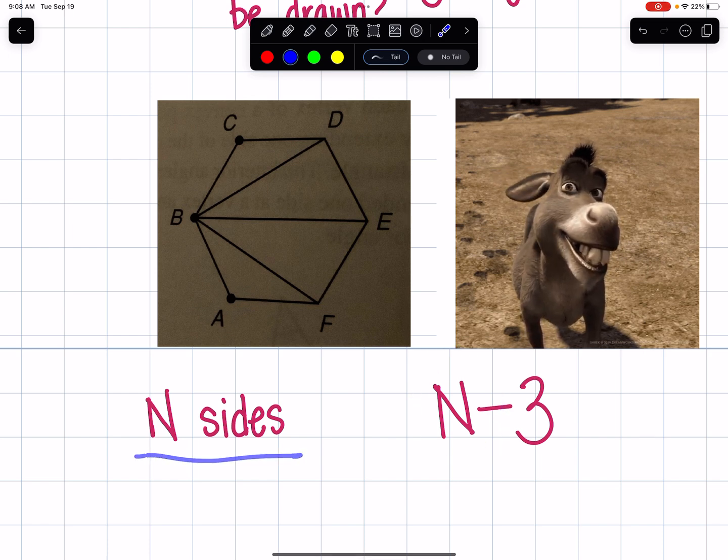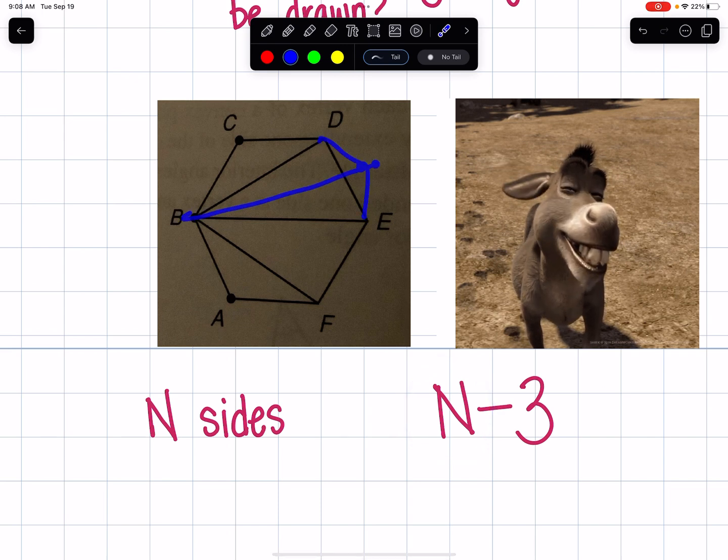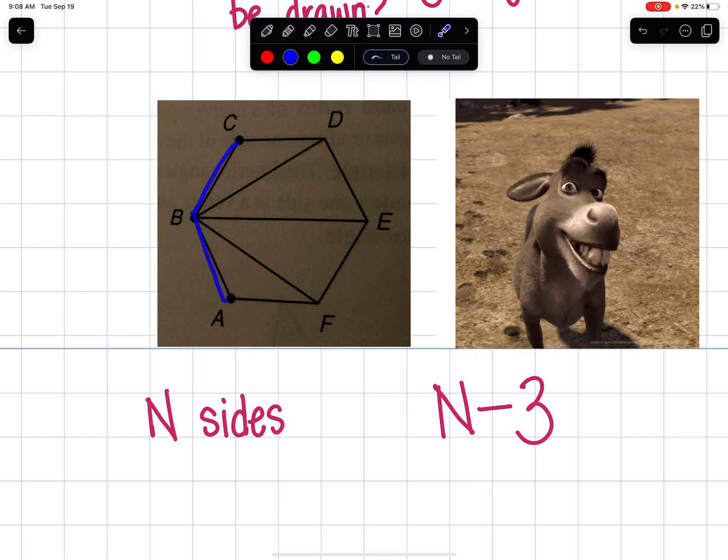So if we have n sides, then we have n corners. But you're not going to count 3 of those corners: you're not going to count C, you're not going to count A, and you're not going to count itself. So no matter how many points we add here, you would draw another one there, right? But it would always be n minus 3 because you're not drawing to itself or to its neighbors.